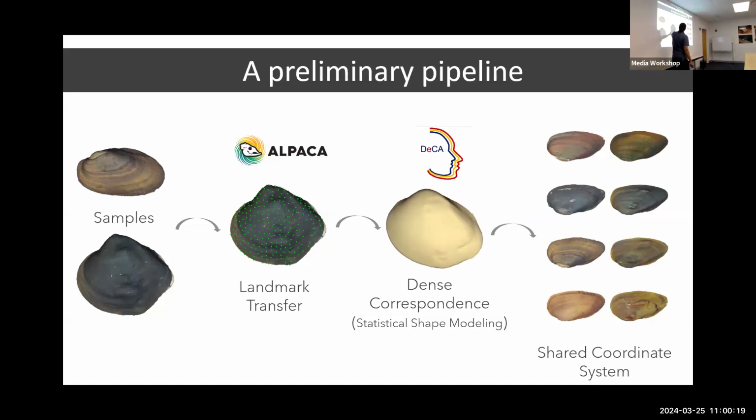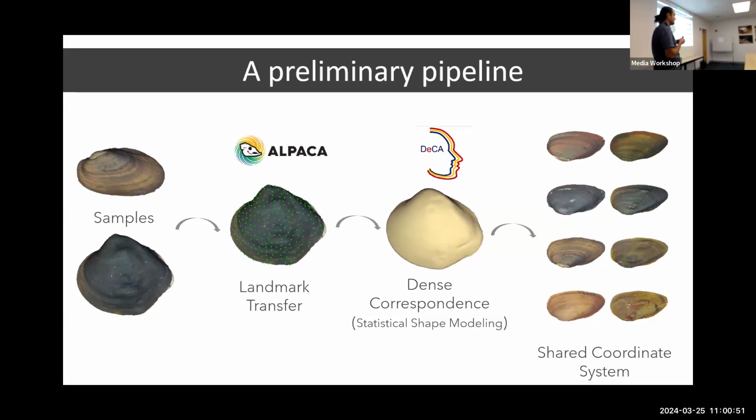Then you can turn these sparse homologies into dense homologies with tools like DeCA by Sara Rolfe, where you establish point-to-point homology at every point in every 3D model to every point in another 3D model. Essentially, each individual in the population then becomes a deformation of a mean mesh, with an associated statistical shape model that describes the variation in the population.